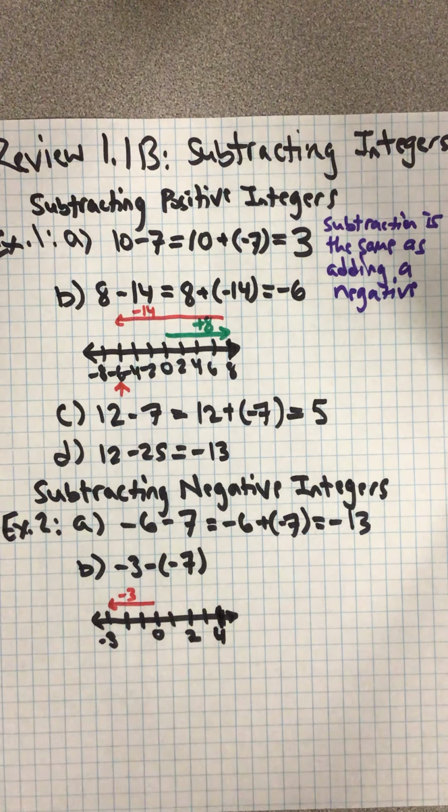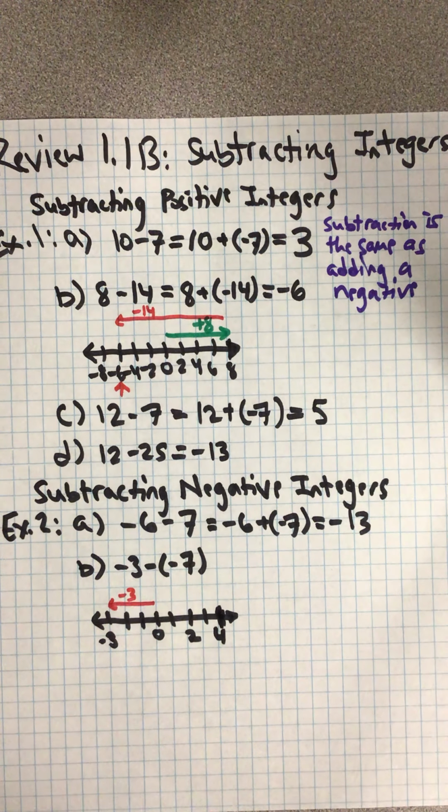So the way I want to think about this is subtracting causes us to move in the opposite direction that you would normally expect. So when a positive number is subtracted, it's moved to the left, as opposed to what we would expect with a positive number, which is moving to the right.